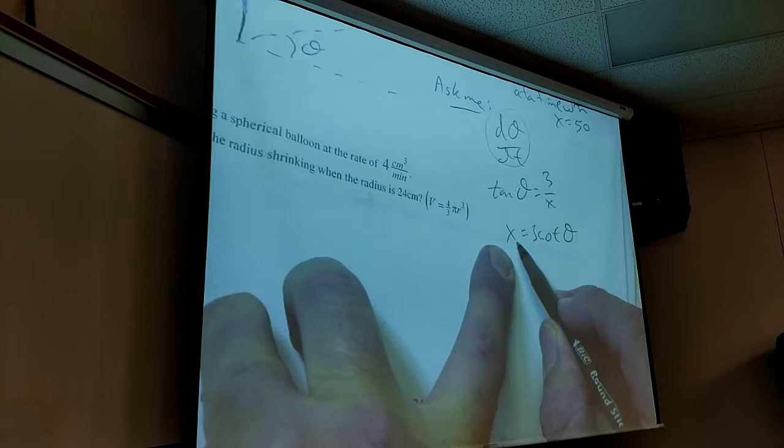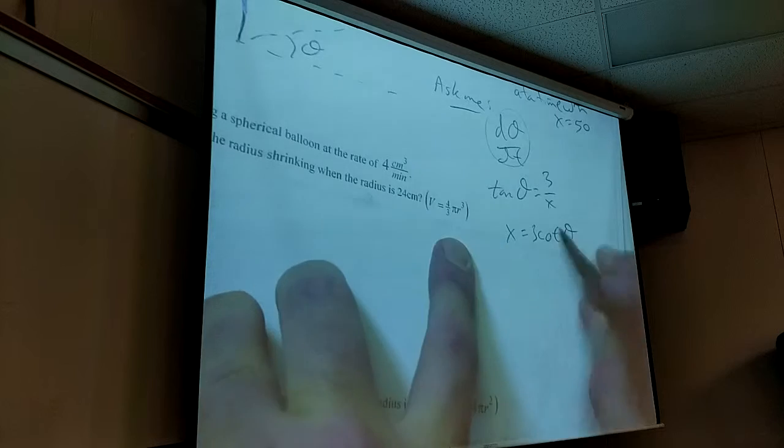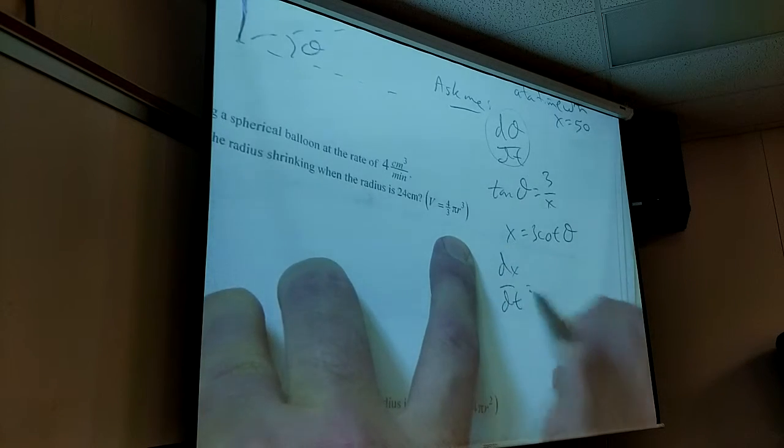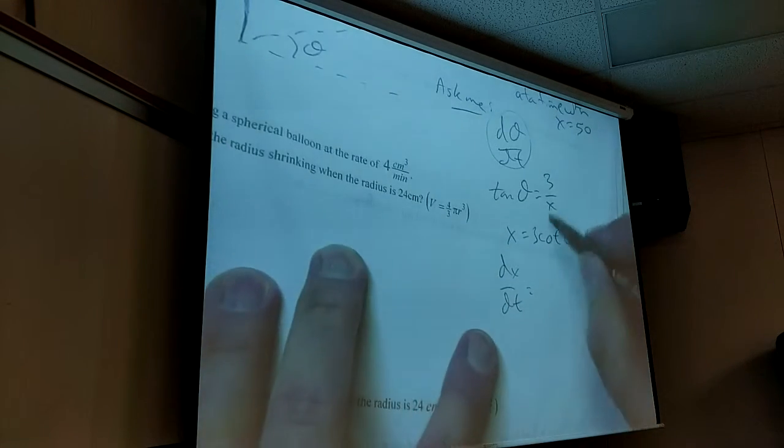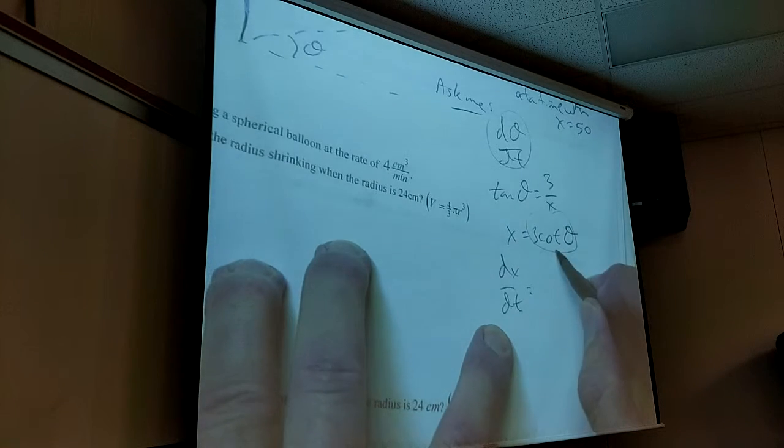What is the derivative of x with respect to t? It's the derivative of x with respect to t, guys. Right? Just dx/dt. And how do you take the derivative of this side? What's the derivative of cotangent?